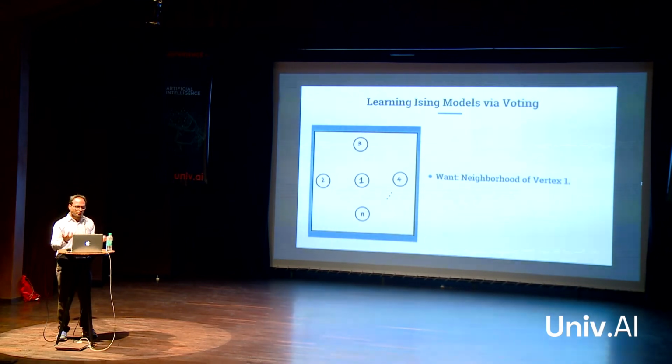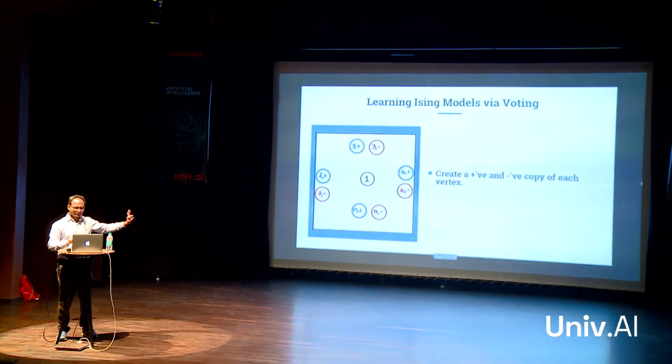But both are correlations that you want to detect. So to capture this, what I'll do is create a dummy vertex for each one first. So I break up 2 into 2 comma plus and 2 comma minus, 3 comma plus and 3 comma minus. And the thought experiment is that 2 comma plus should capture positive correlation, 2 comma minus should capture negative correlation if there is any, and so on and so forth.